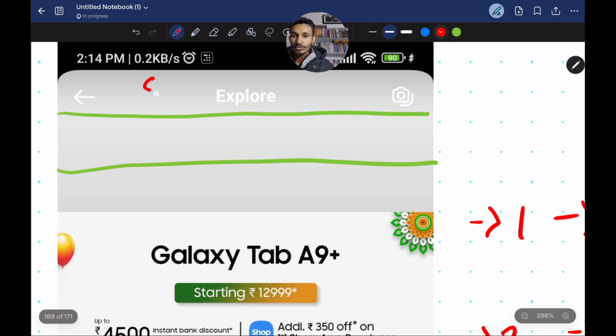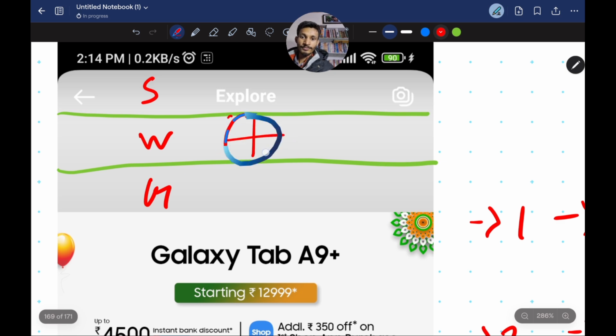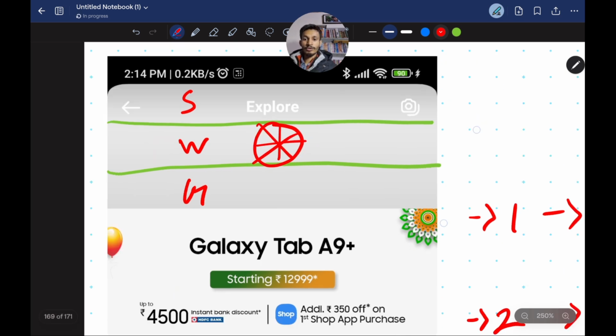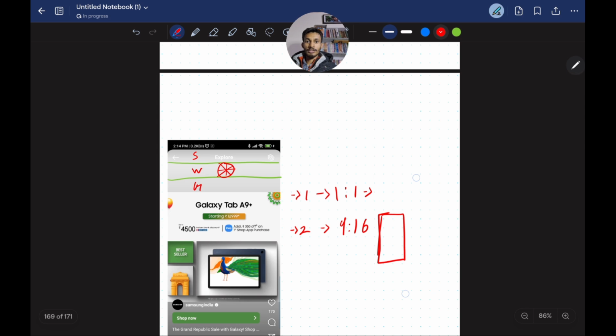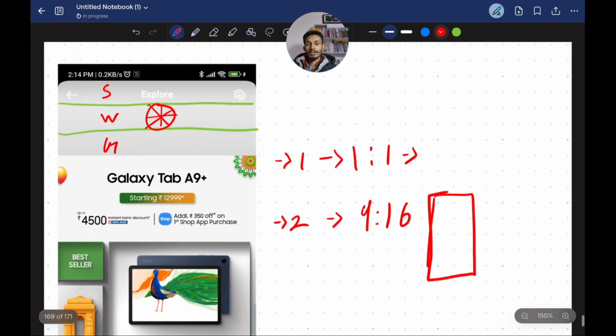So that means you could do saffron here, white here, and green here, and in the center you could make the Ashok Chakra, right? So that means you would basically be showing the national flag of India as well. That was the potential that you could have used in the top.